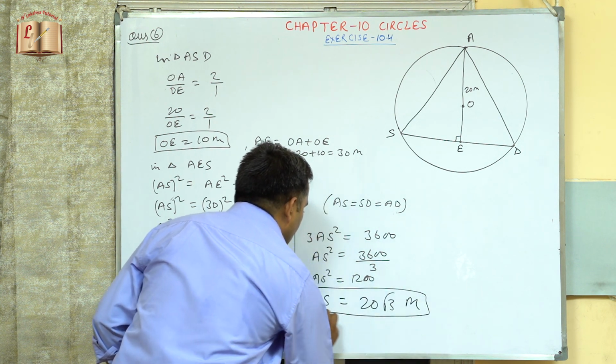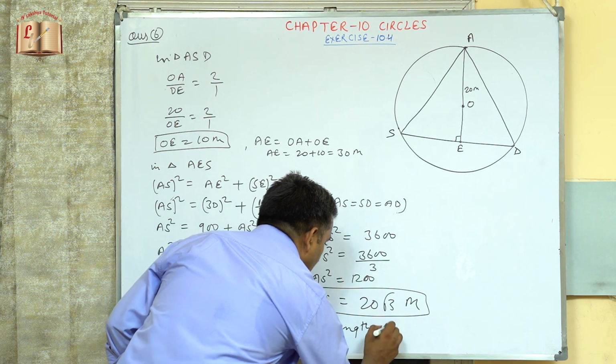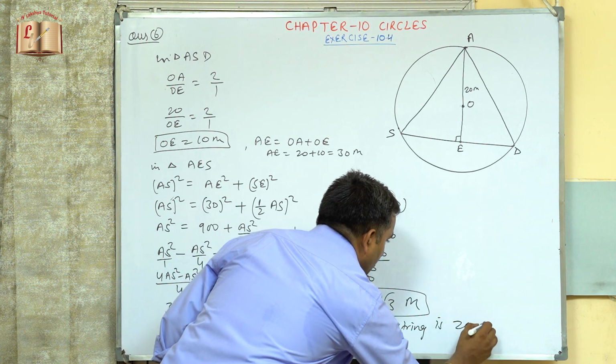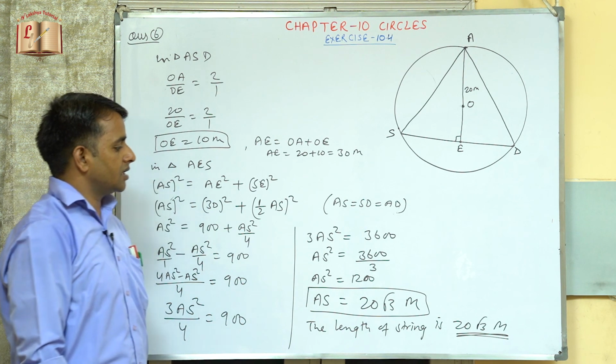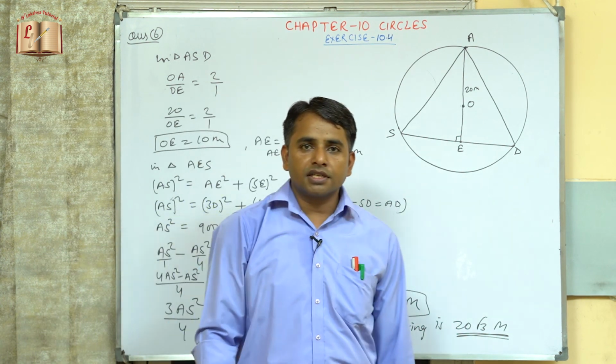So the length of a string is 20√3 meters. So with this we have finished our exercise 10.4.